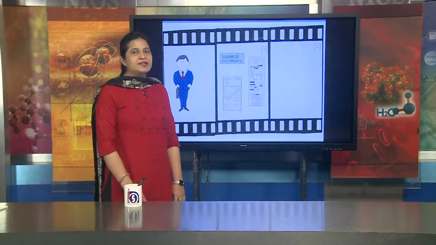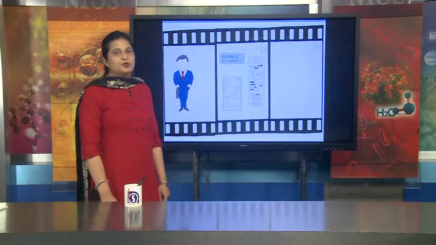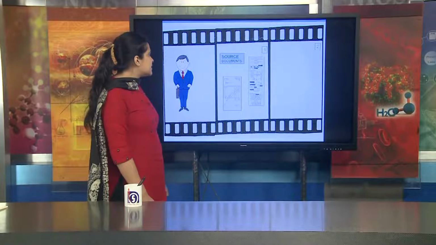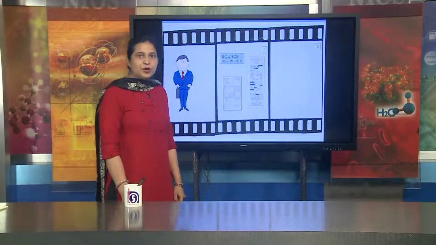So there is a basis for recording such transactions in the journal. So what is that basis? That is the source documents. What are source documents? It can be a bill, it can be an invoice. So these are the source documents on the basis of which we record entries in the journal.